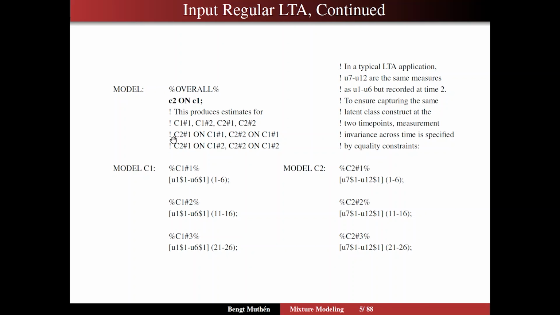First of all, it produces the regression slopes, C2 class 1 on C1 class 1, C2 class 2 on C1 class 2, and etc. for the second row of C1, namely C2 class 1 on C1 class 2, C2 class 2 on C1 class 2.